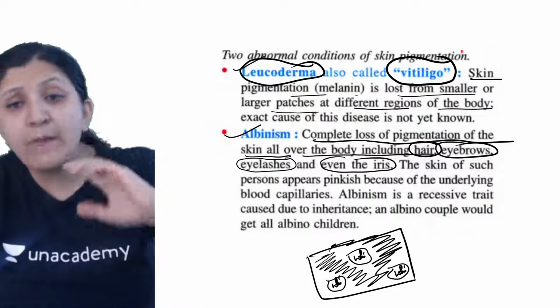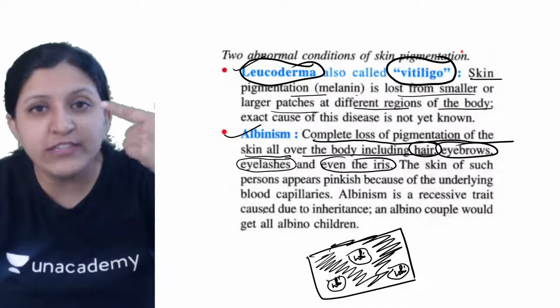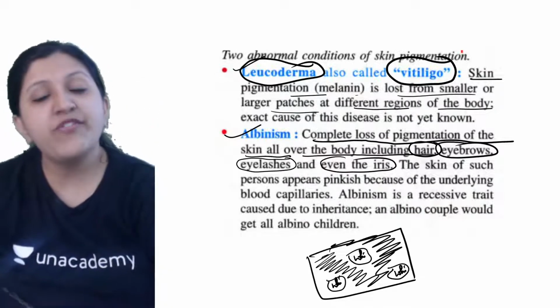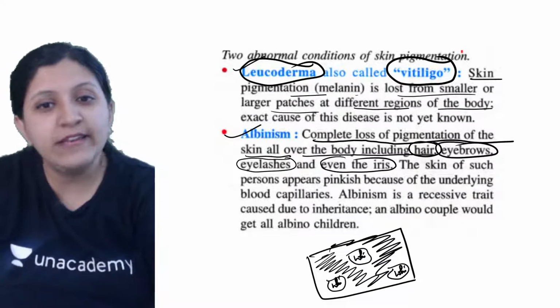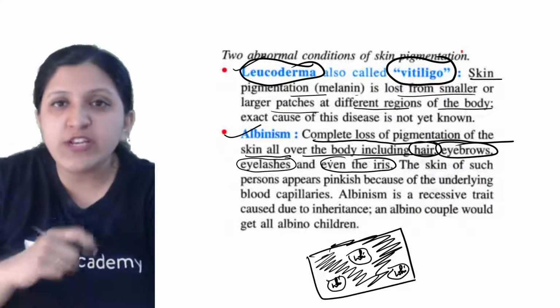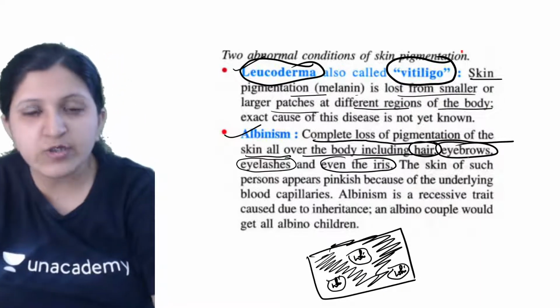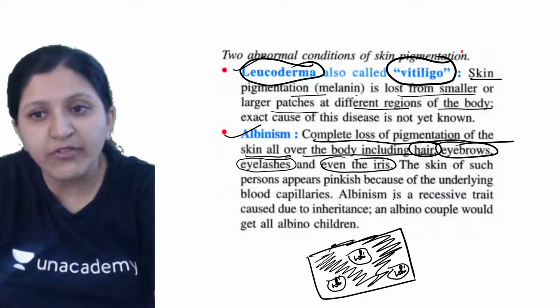But if the iris also loses melanin, then it is complete albinism, where an individual turns completely whitish in color. That is a very fair skin color type.